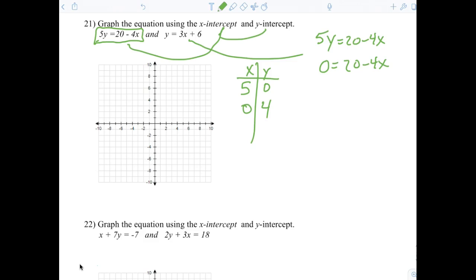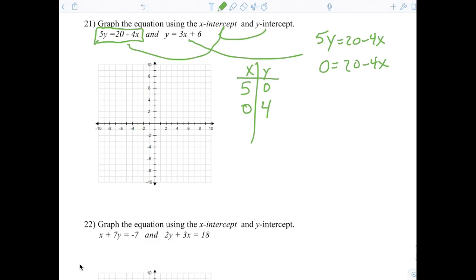All right, Ryan, tell me about y equals 3x plus 6. What do I do? Just graph it using slope and y-intercept.